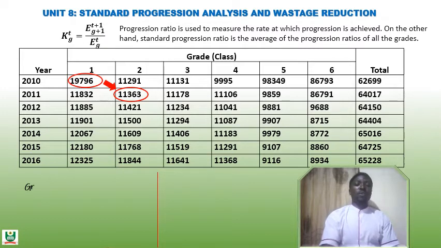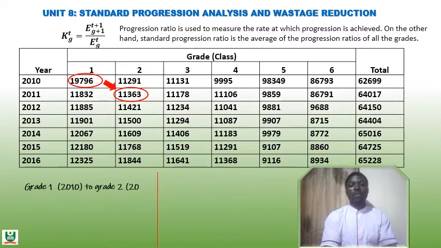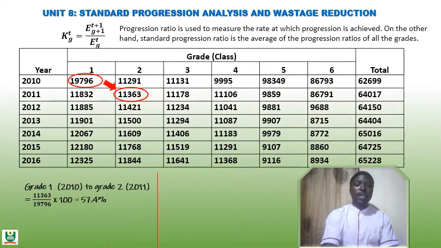So we simply employ the formula grade 1 2010 to grade 2 2011 will give us the number of students or pupils in grade 2 2011, which is 11,363, over the number of students in the previous year, that is 19,796.